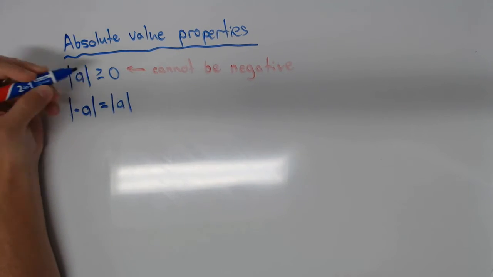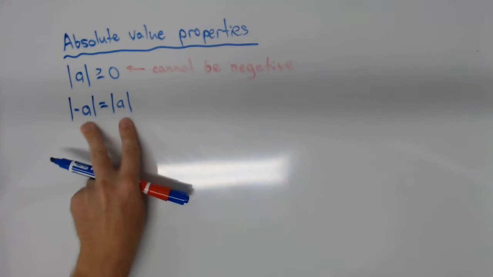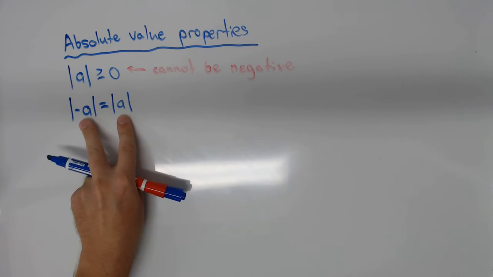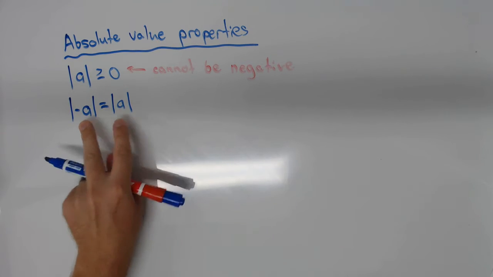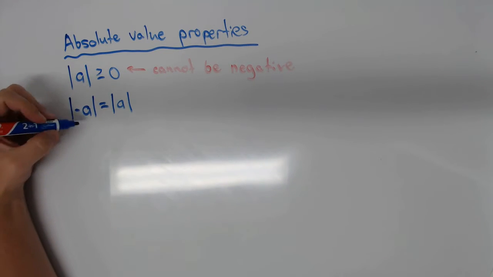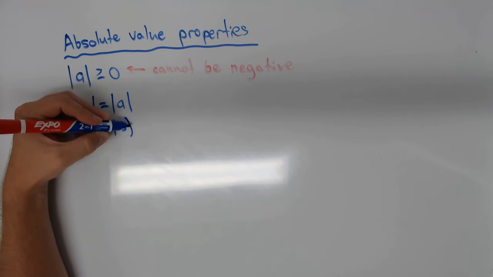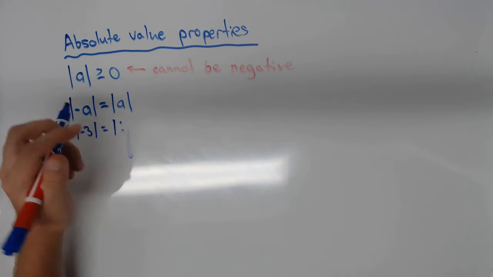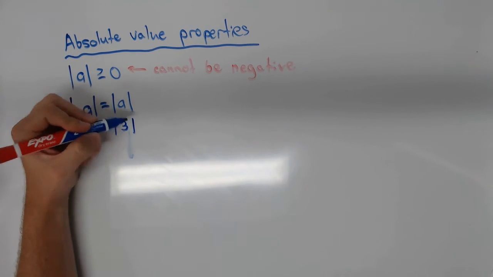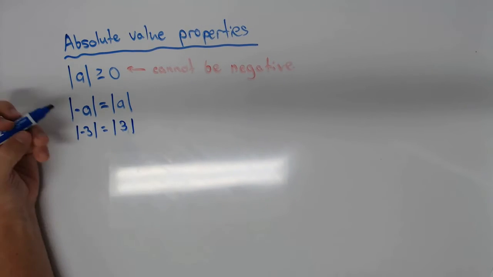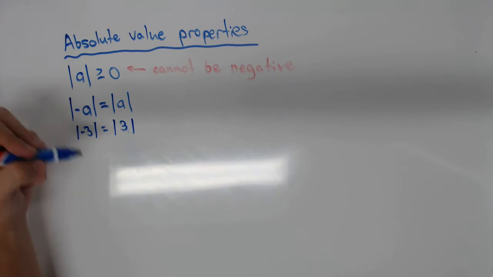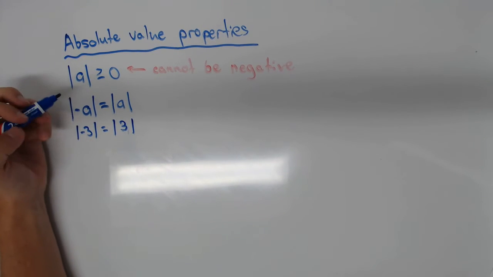So another way of showing that, technically a different property, but it follows similar logic, is that the absolute value of a negative and positive of the same number, so like the absolute value of negative 3 and the absolute value of positive 3, are really the same thing, because all I'm looking at is the sheer value of that number. They're both 3s. This one's just got a negative, so it'd be down on a graph instead of up or something like that.